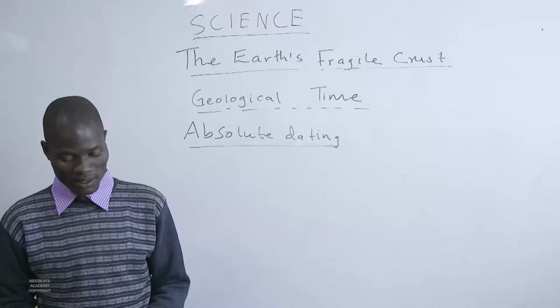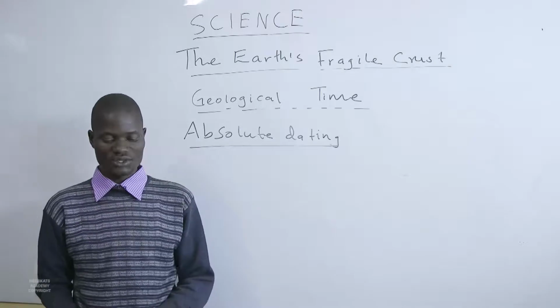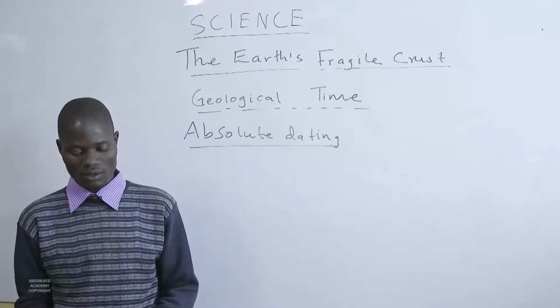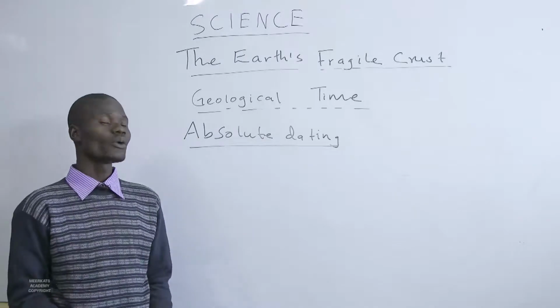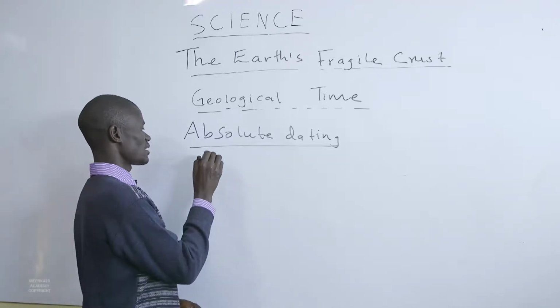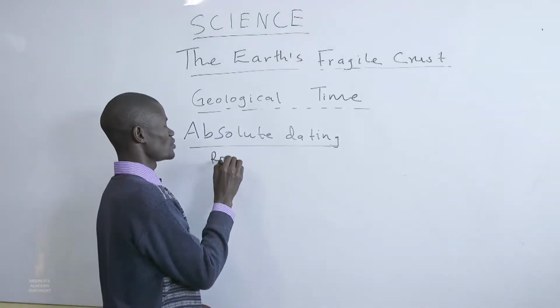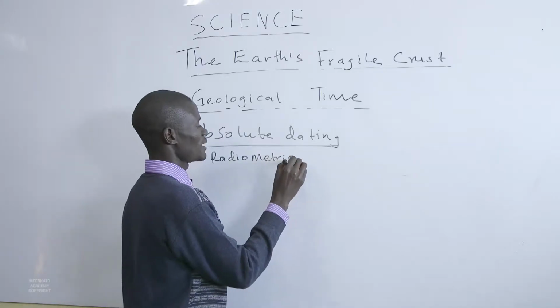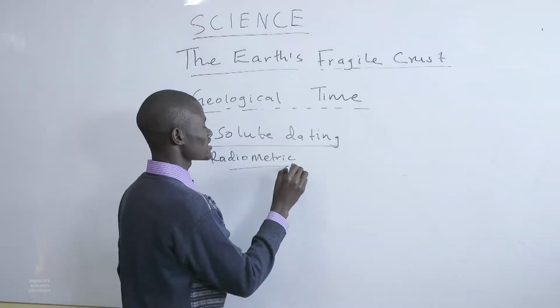Absolute dating is the kind of dating that is used to determine precisely the age of a rock or a fossil through radiometric dating. What do they use? They use what we call radiometric dating, and this is more accurate.